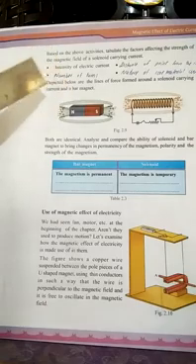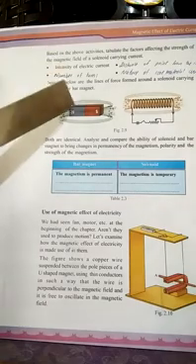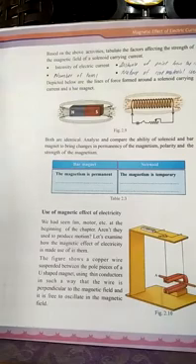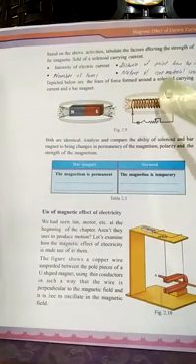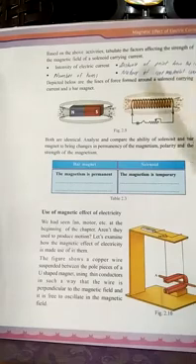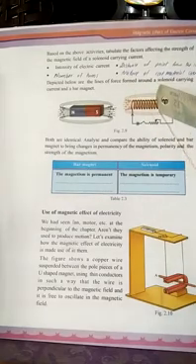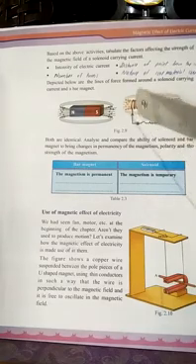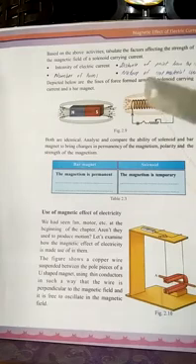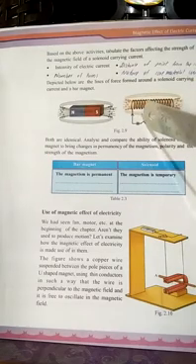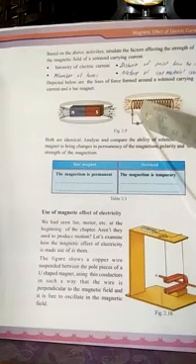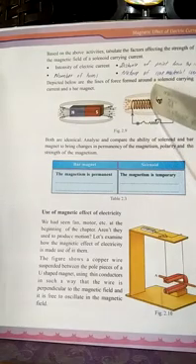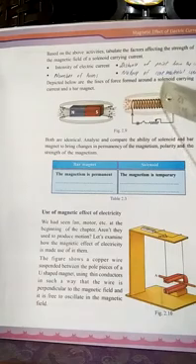Now, what is the difference between this bar magnet and a solenoid? I told you the solenoid is a coil wound in the shape of a helix, and it will behave like a magnet as long as the current flows through it. If the current flowing through the solenoid is stopped, as soon as the current stops, the magnetic property is also lost.